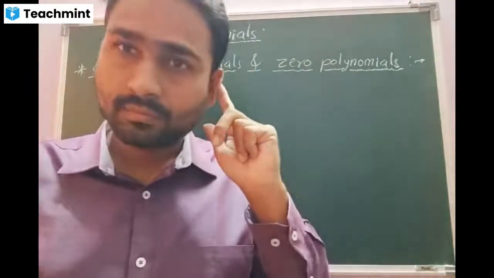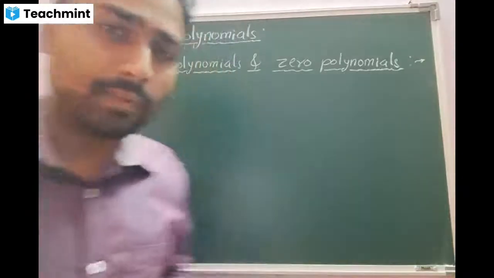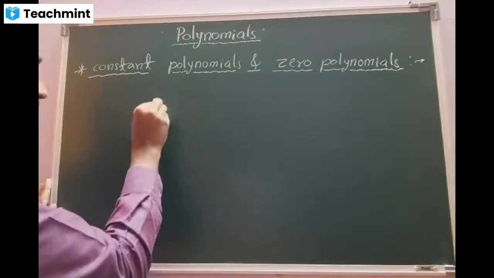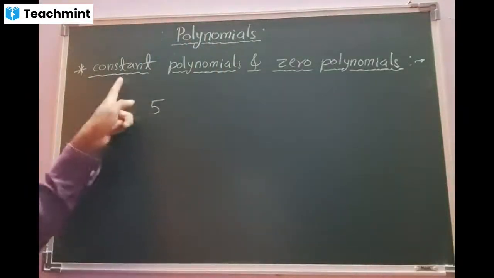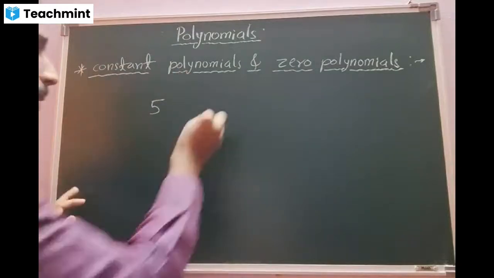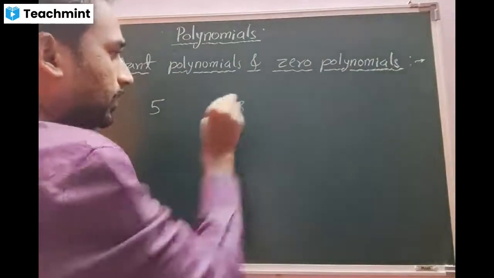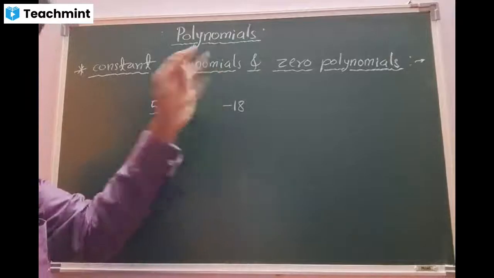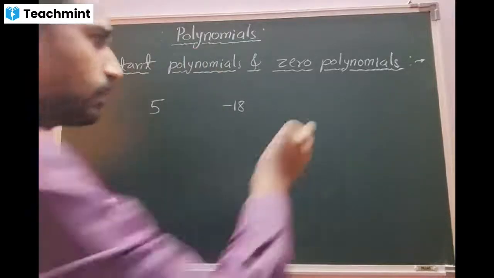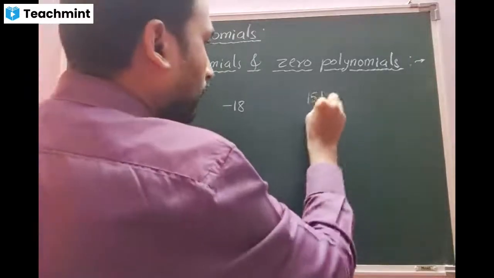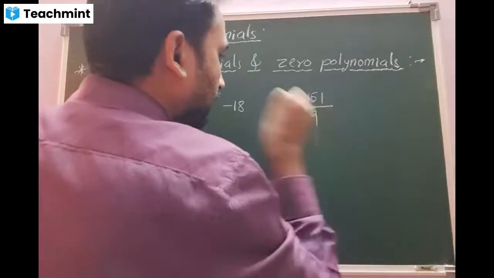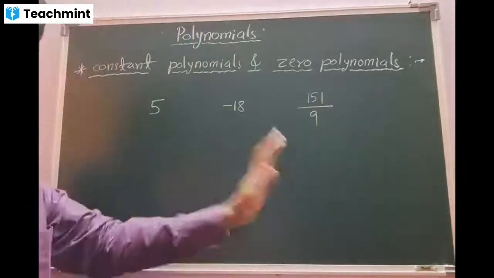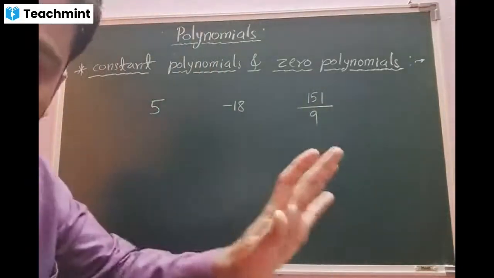So, for example, beta, if I write the number 5, it is called a constant polynomial. If I write the number minus 18, it is also a constant polynomial. Say for example, I have written 151 divided by 9. It is also a constant polynomial. Are you getting the concept?